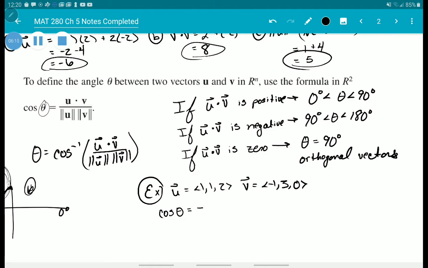So it's going to be negative 1 plus 3 plus 0 on top. The magnitude of U would be 1 squared plus 1 squared plus 2 squared. The magnitude of V would be negative 1 squared plus 3 squared plus 0 squared.